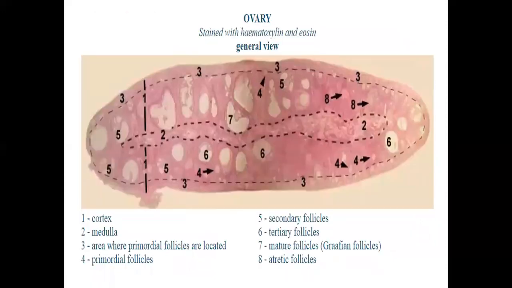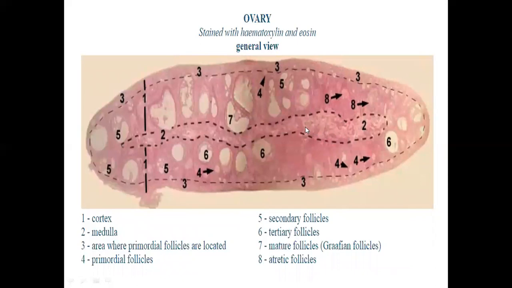Now, if we look at a low magnified general view of an ovary, this ovary structure has two different distinct areas. The centralmost area, which is delineated by the digit 2, is the medulla portion, which doesn't have any follicular developmental phase happening there.